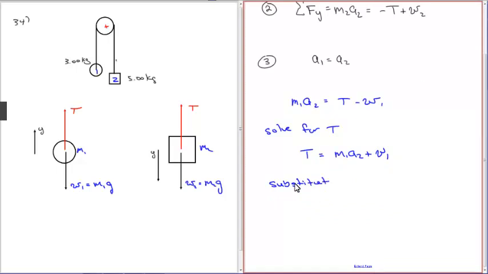And now we substitute into this equation for T. So we have m2 a2 is equal to negative T, which is m1 a2 plus w1, and then we have plus w2.